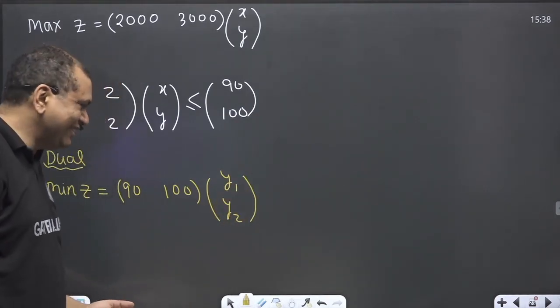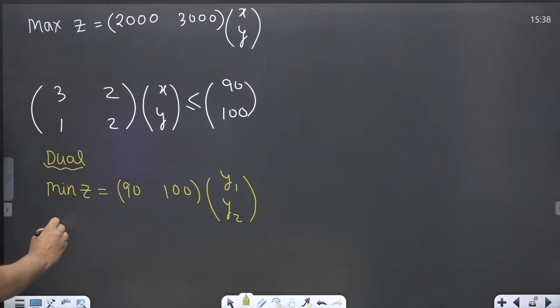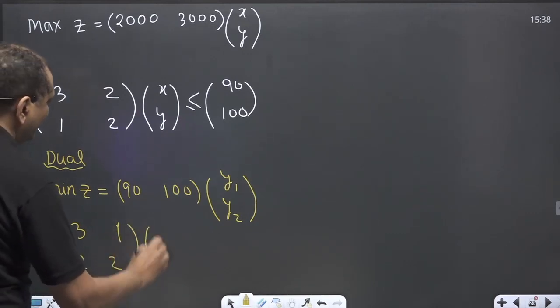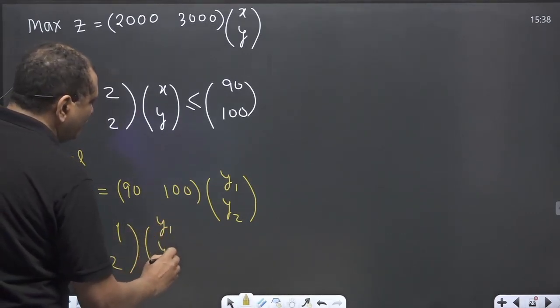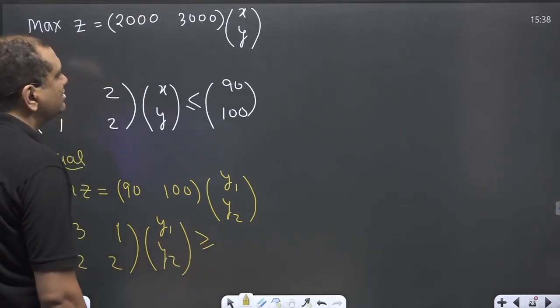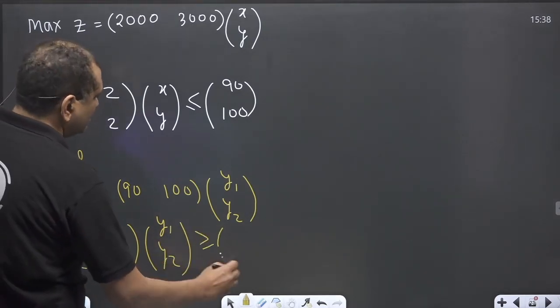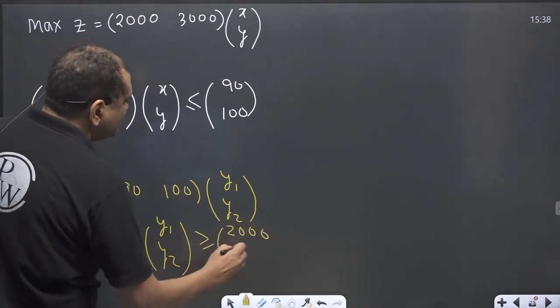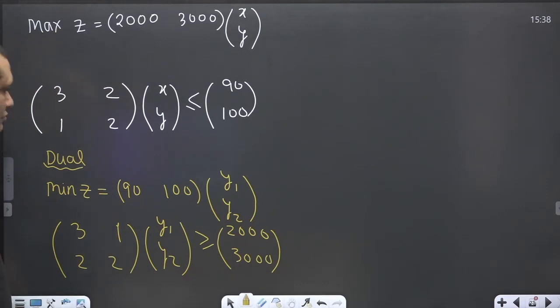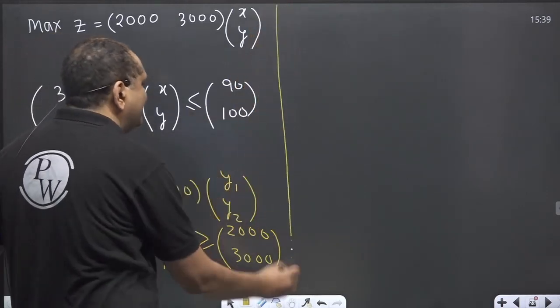I will tell you what y1, y2 are. Transpose of this: 3, 1, 2, 2. y1, y2 greater than or equal to 2000 and 3000. This is the dual problem.